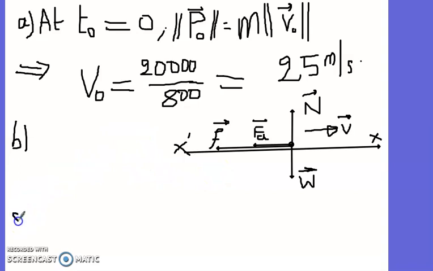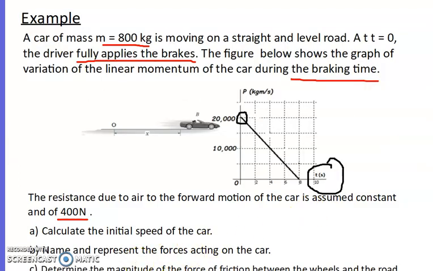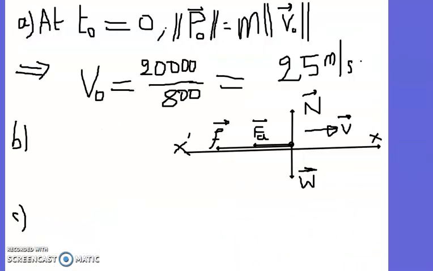Part C. Determine the magnitude of the force of friction between the wheels and the road. You know, from last year and the year before that, when there is motion and forces, and you want to calculate acceleration or a force, you must remember Newton's second law.